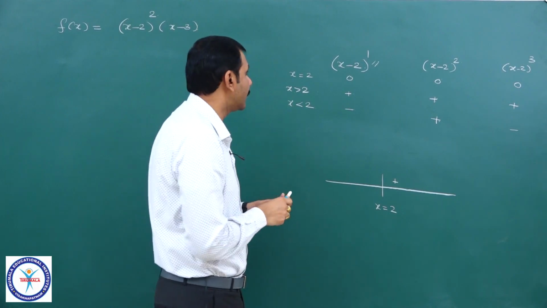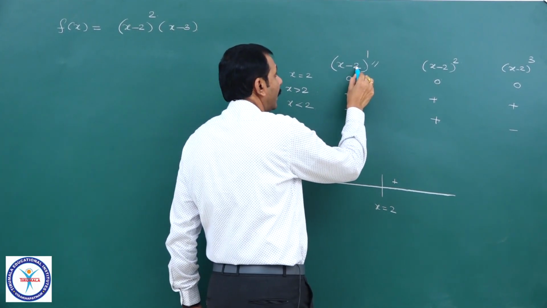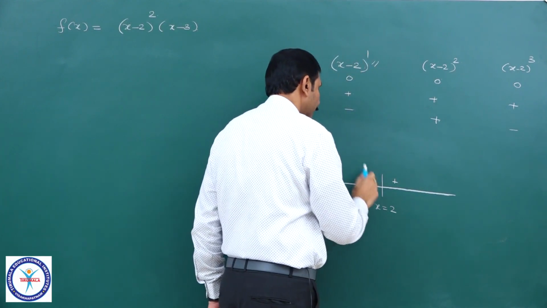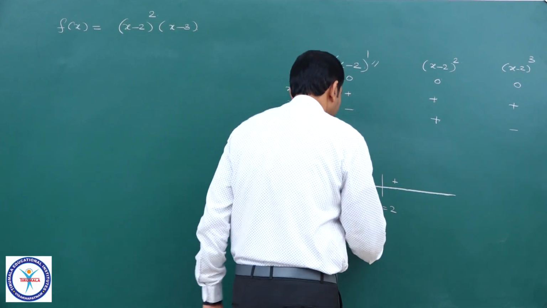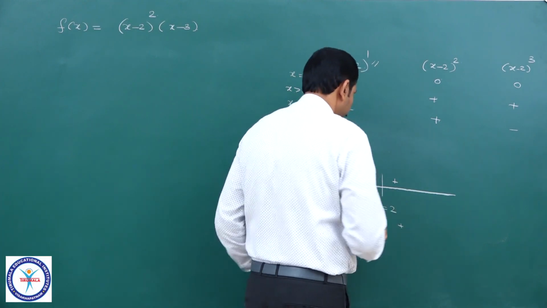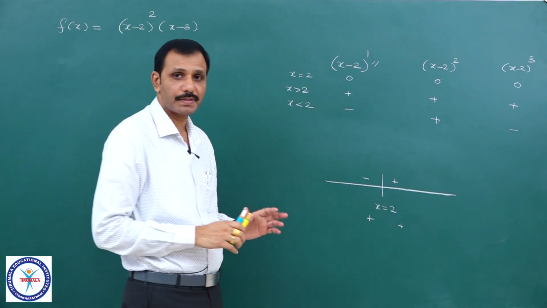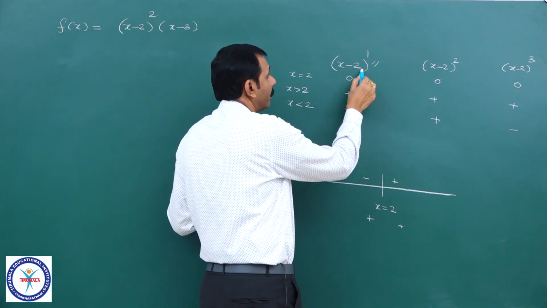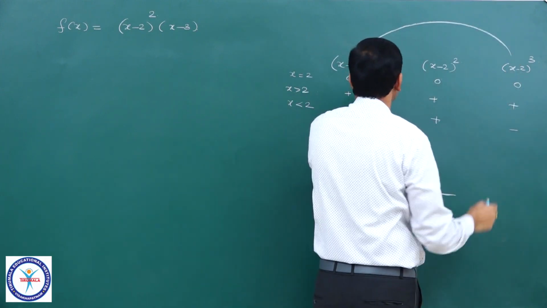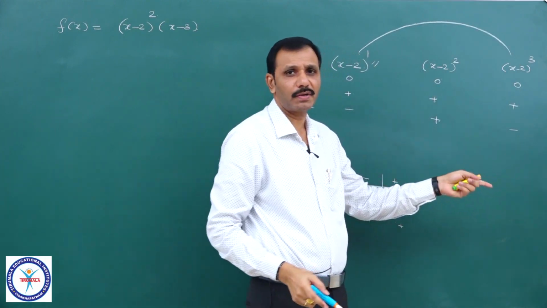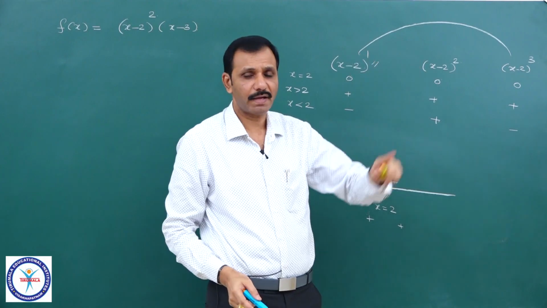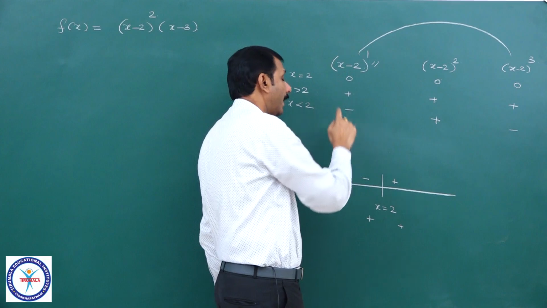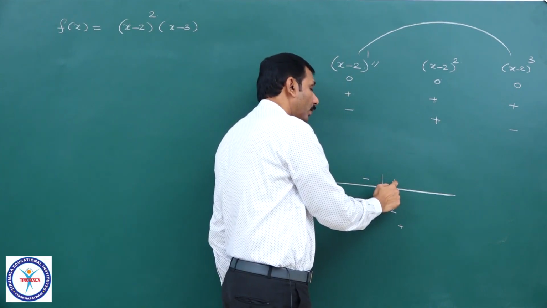For x less than 2, when the power is odd this is negative, and when the power is even, positive only. So what you need to observe here: when the power of x minus 2 is odd, either 1 you take, 3 you take, 5 you take, 7 you take and so on, the sign of that factor changes from negative to positive.